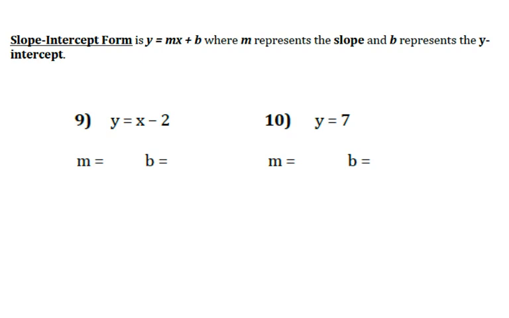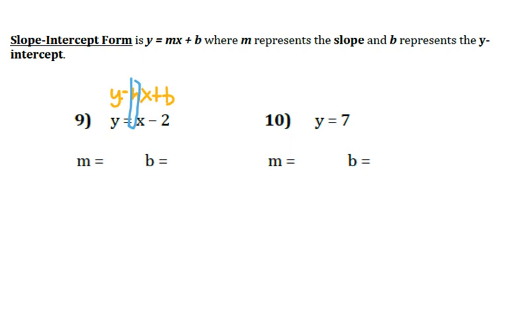All right, so let's take a look at number 9. We have y equals x minus 2. So I'm going to go ahead and write this out. We got y equals mx plus b. And our m, don't circle the x. That's a common thing. We think, oh, it's just x then. No, it's not x.